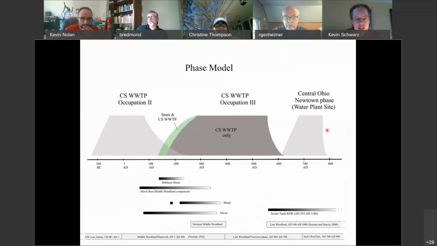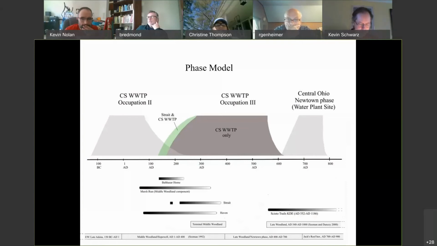In other words, right around 608, 610, it's a really clean phase termination and the beginning of the new phase. But if you were to add Scioto Trails, which is another Newtown phase site nearby, then it goes back and there is some overlap, about 50 years overlap, back to about 540 or 550. And so I discussed that in the paper that I wrote.